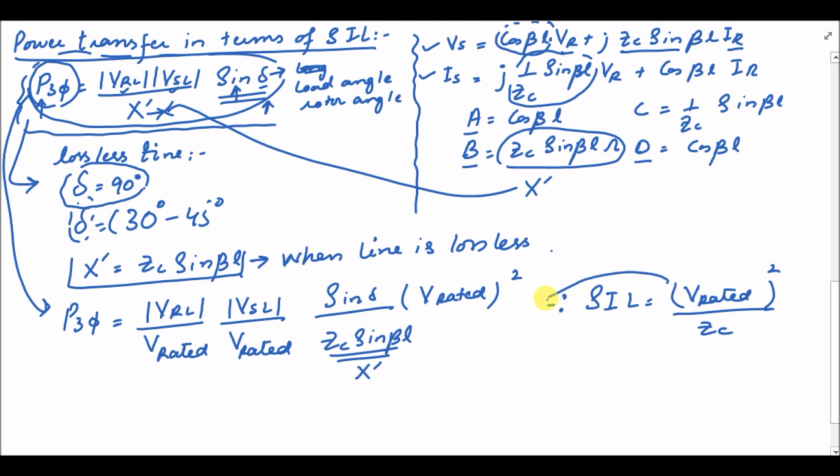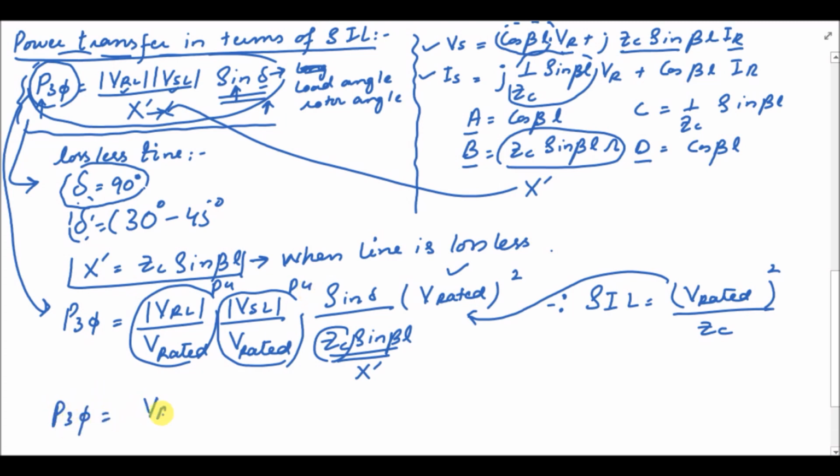Putting this formula here, V rated square divided by ZC will be the surge impedance loading. This will become a per unit value, and this will also become a per unit value. So the final formula for P3 phase will be equal to VR per unit, Vs per unit, sine delta over sine beta L, into surge impedance loading.